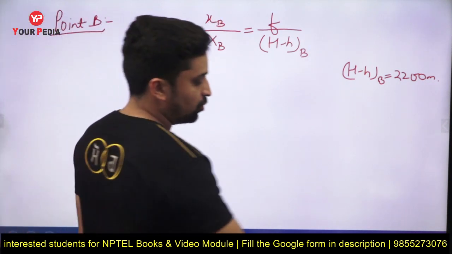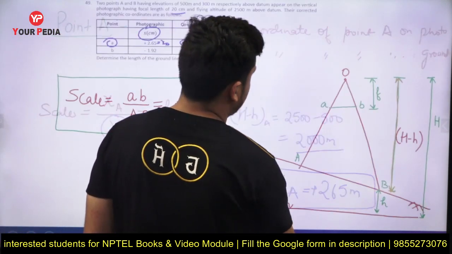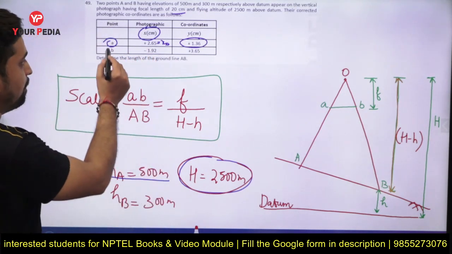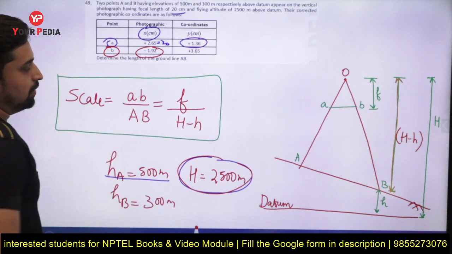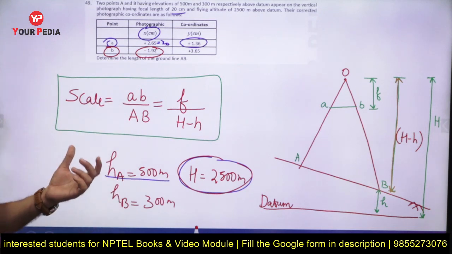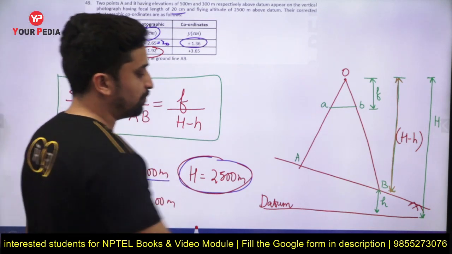xb is already given to you, so basically xb is the B point coordinate on the x-axis in the photograph, and this is minus 1.92.